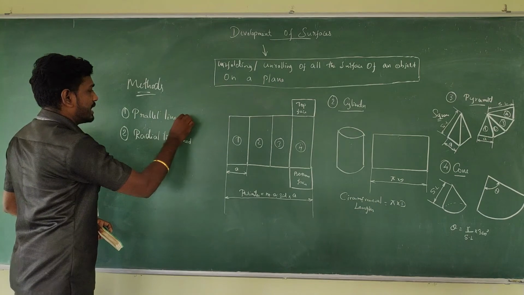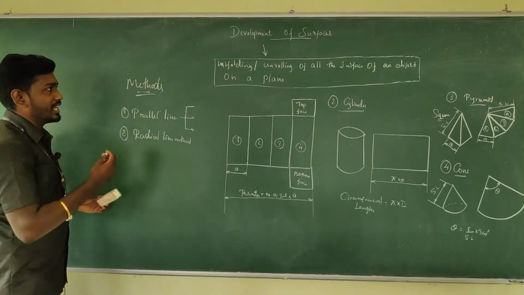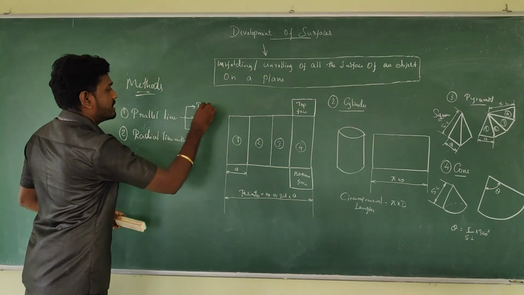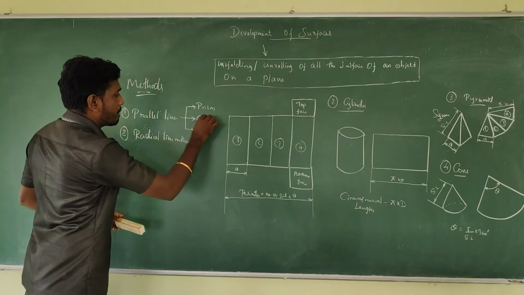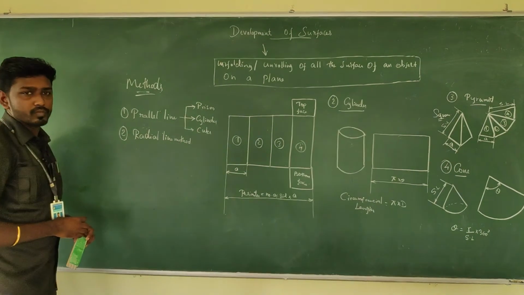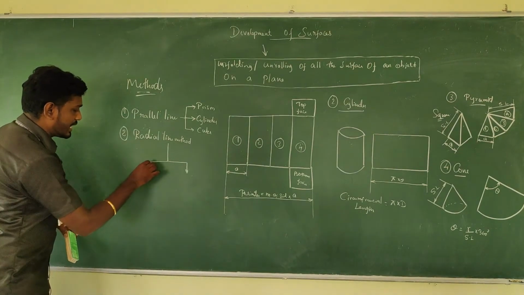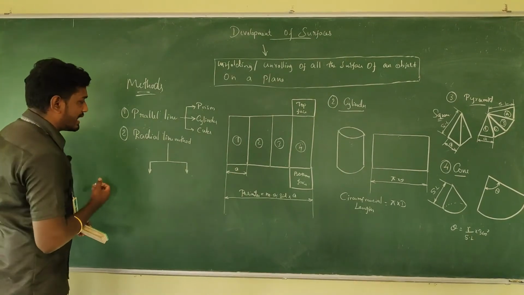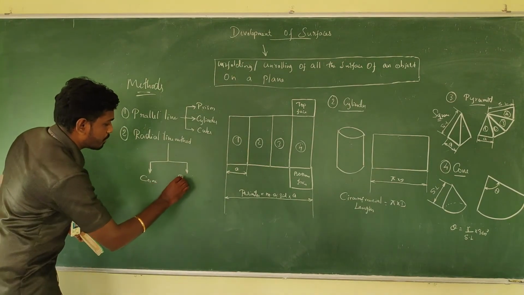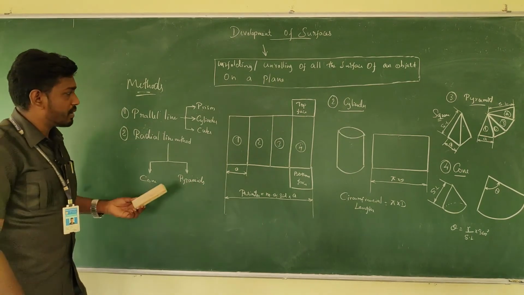In the parallel line method we can develop surfaces like prism, cylinder and cube. By using the radial line method we can get the stretch out of the lateral surface of the cone and pyramids.